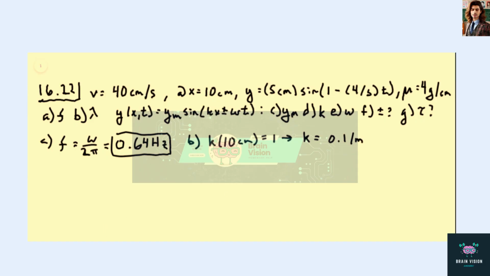I'm sorry, radians per centimeter. Now the wavelength is 2 pi over the wave number. And so it's 63 centimeters.